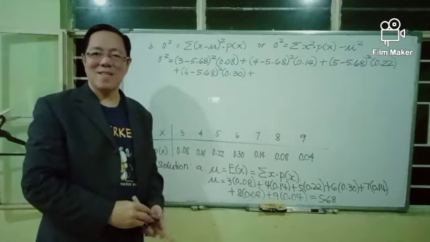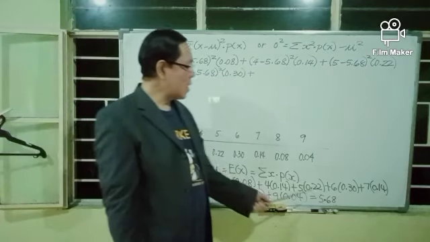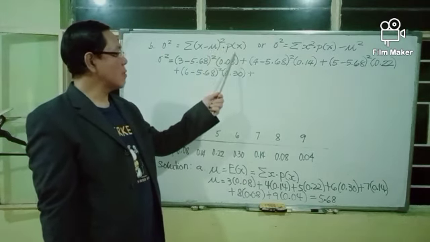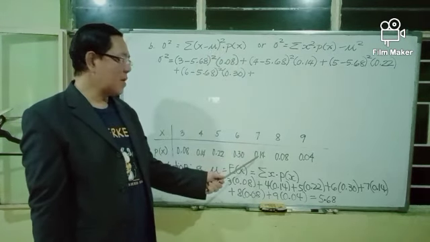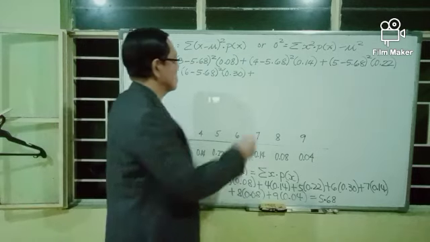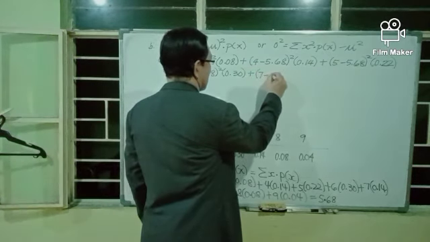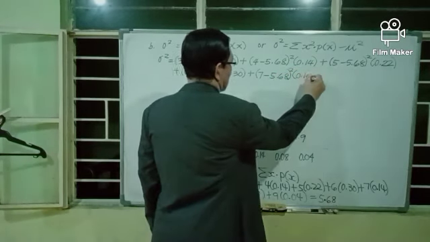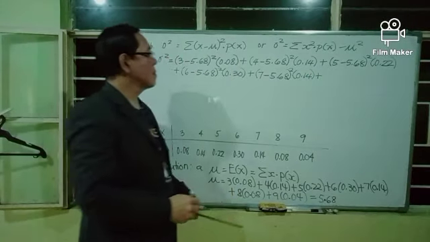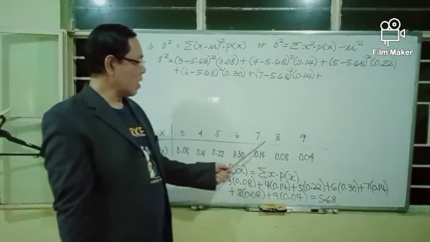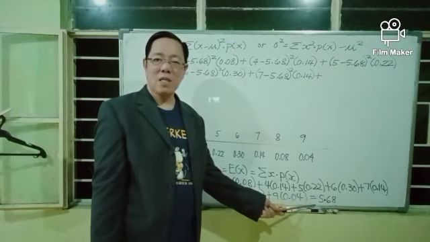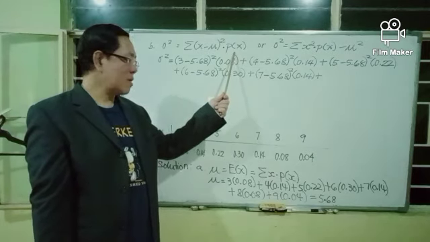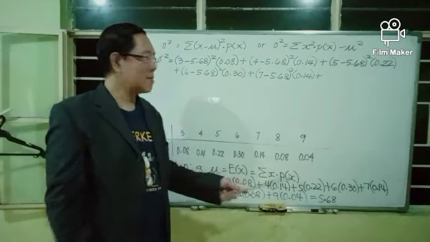The next value of x is 7. 7 minus the expected value of x, 5.68, raised to the power 2 and multiply by the probability of x equals 7, 0.14. The next value of x is 8 minus 5.68, raised to the power 2, multiplied by the probability of x equals 8, which is 0.08.